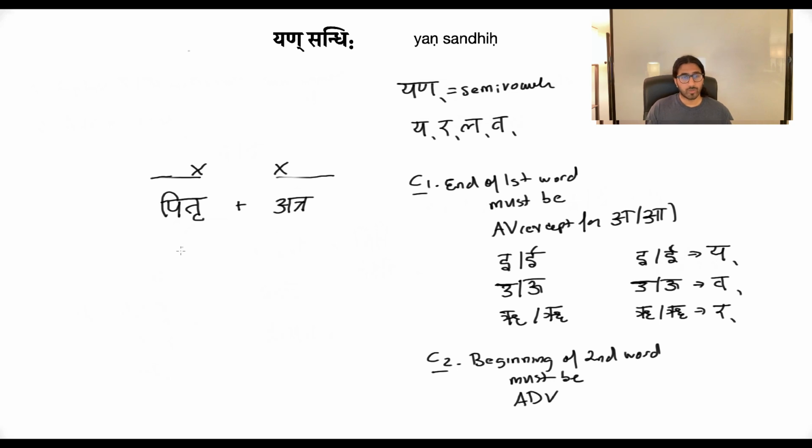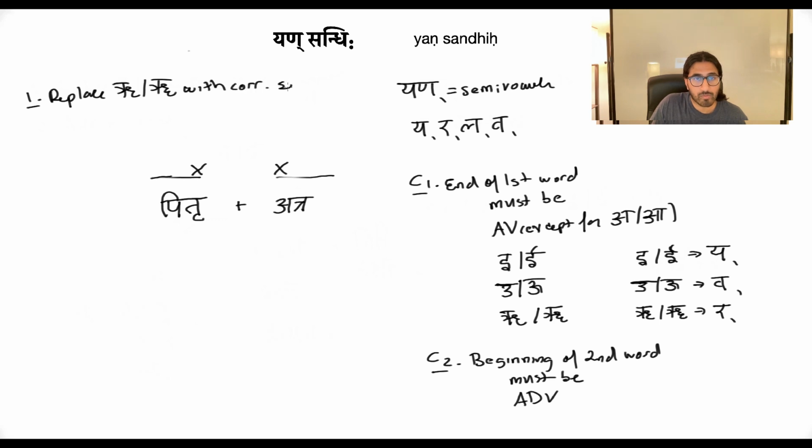So how do we do this? First step, replace ri or long ri with the corresponding semivowel. What is that one? We look at the list here. It's ra. So replace it. What happens?